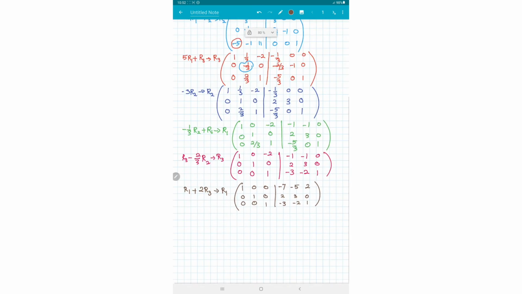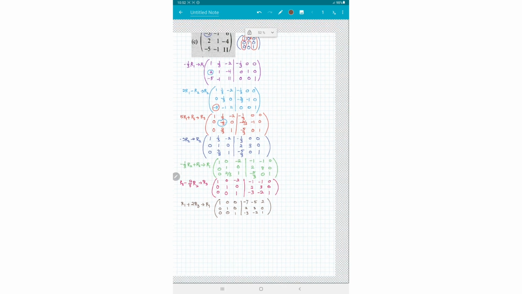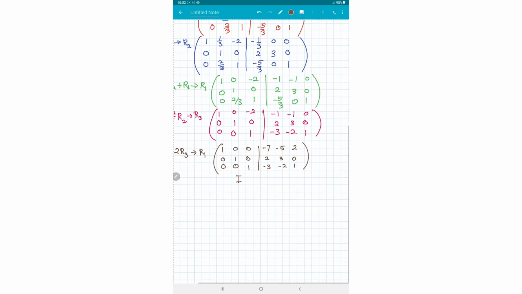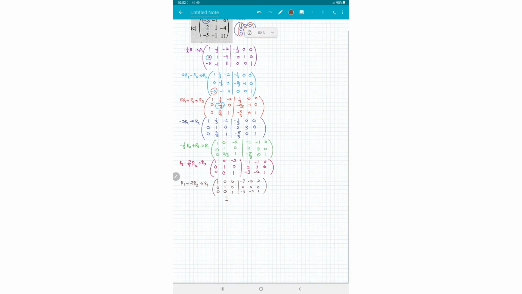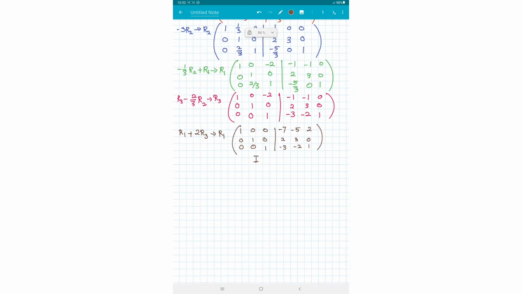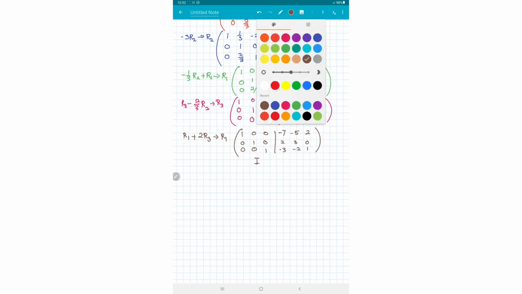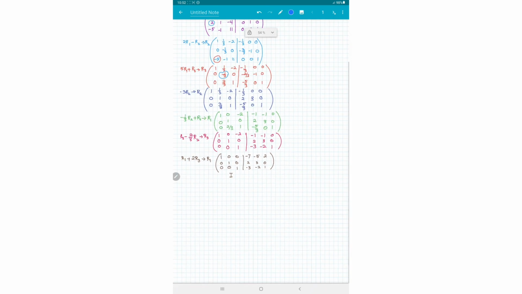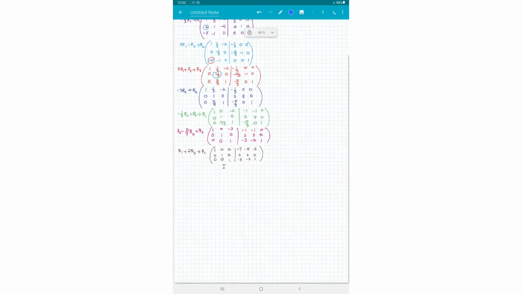Alright, just now this is your identity. So the matrix has the inverse, which is negative 7, negative 3, negative 5, 3, negative 2, 2, 0, 1. So this matrix we can write down as the inverse by using the ERO.